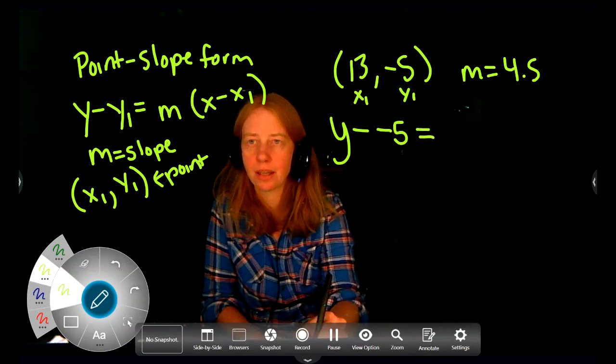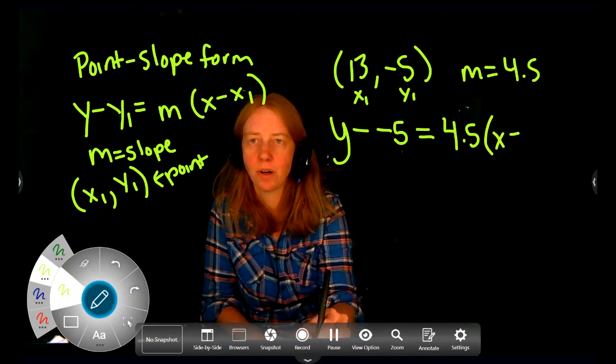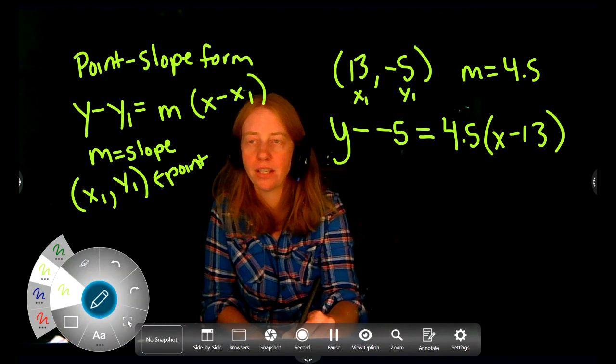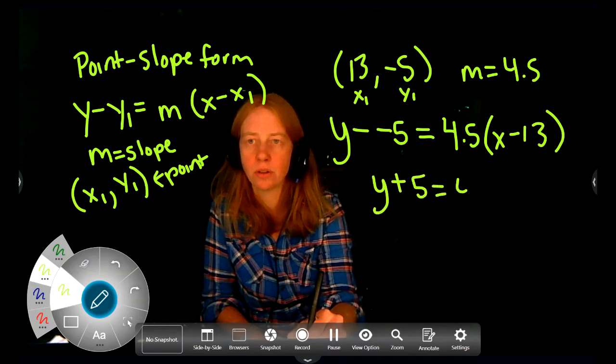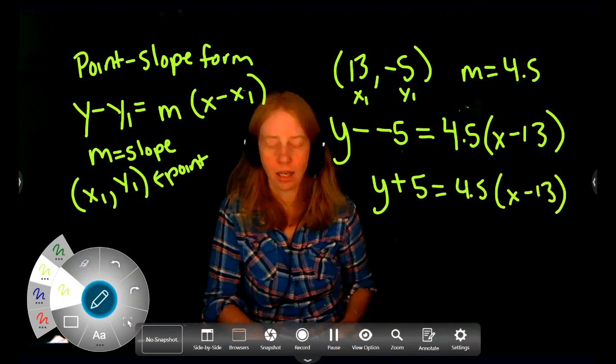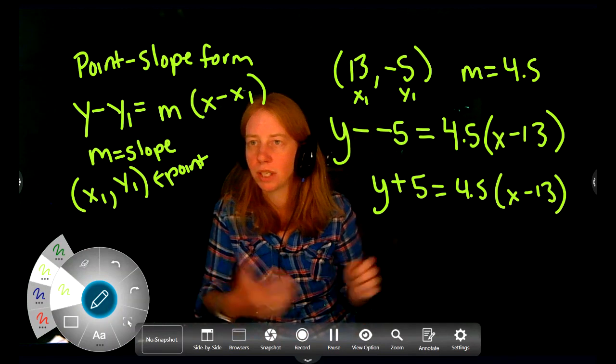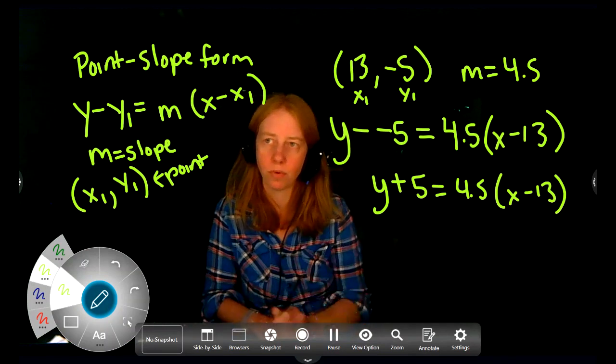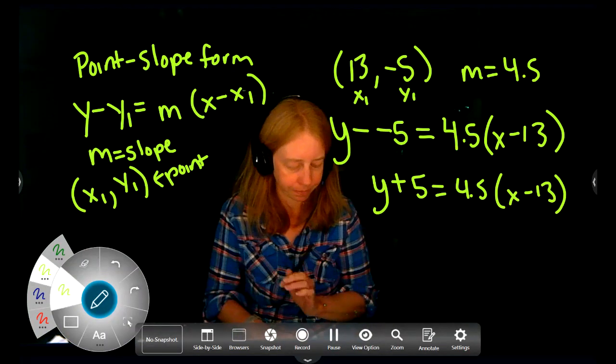It's weird that we have two examples like that. M equals 4.5, x minus x1, and x1 is 13. So again, we're just going to clean this side up so that it's y plus 5 equals 4.5 times x minus 13. And we call ourselves geniuses because we can write things in point slope form and stop.